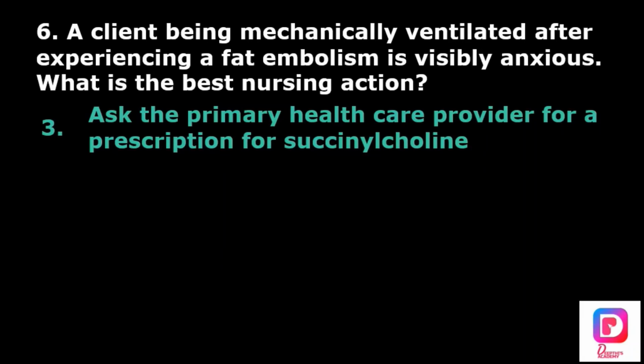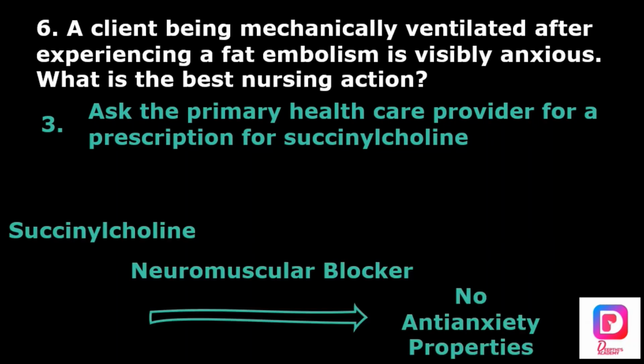Option number 3. Ask the primary healthcare provider for a prescription for succinylcholine. Succinylcholine is a neuromuscular blocker but has no anti-anxiety property. Hence, we cannot use succinylcholine for this patient. So, option number 3 is wrong. Let's see option number 4.